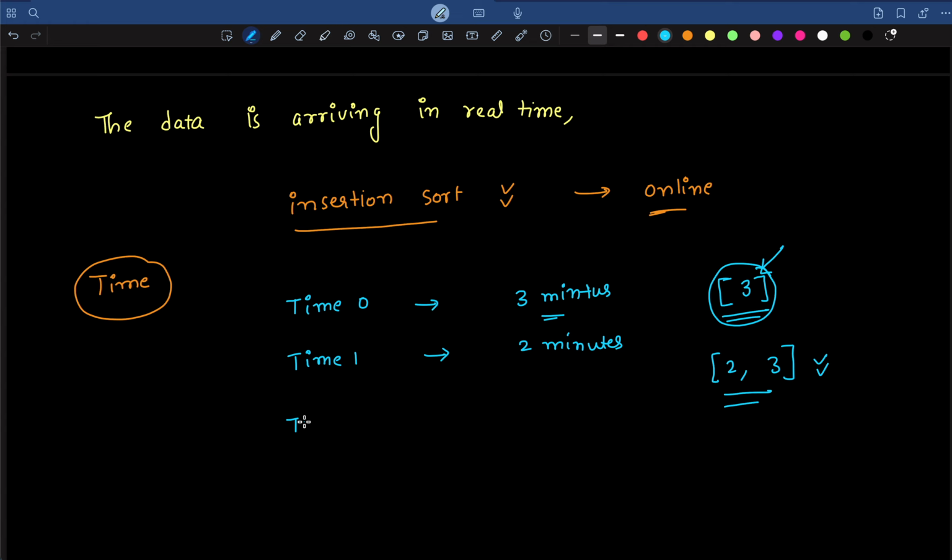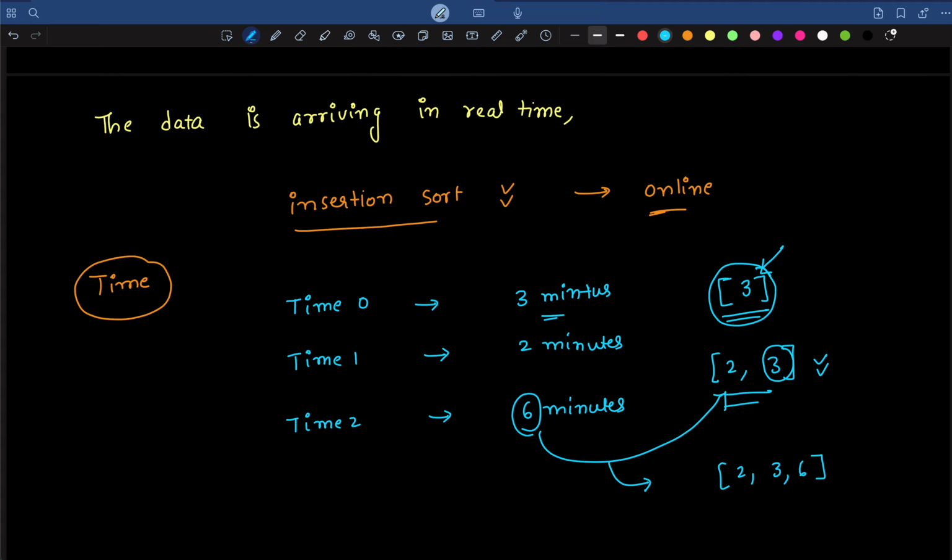Later, at time 2, another driver responds saying that I'm 6 minutes away from you. Again you need to insert 6 into an already sorted array. I compare 6 with the element 3, and in this case there is no shift needed. After time 2, my array contains the elements 2, 3, 6.